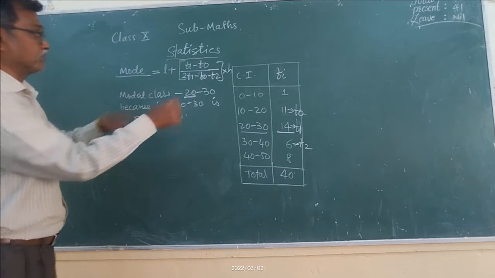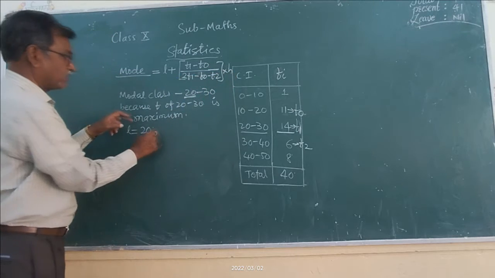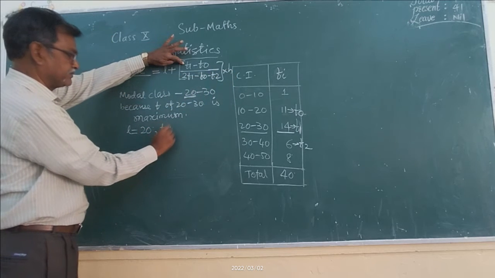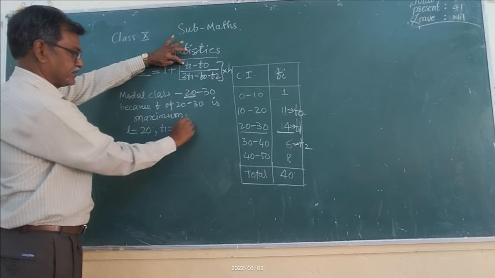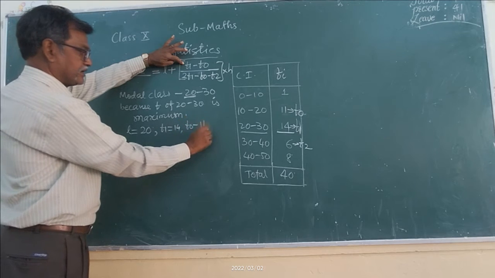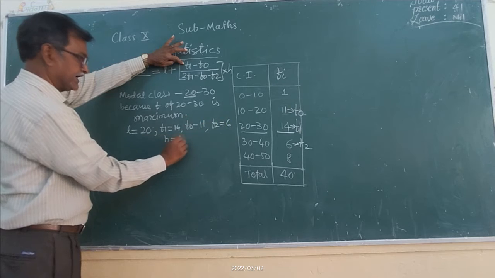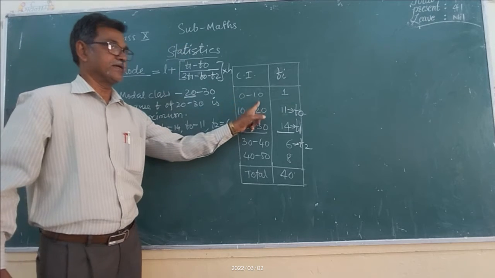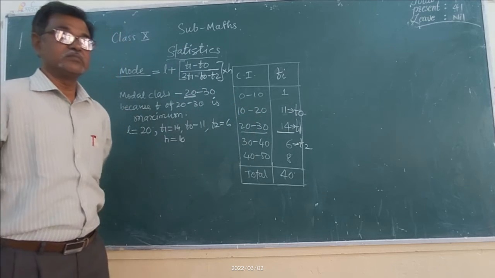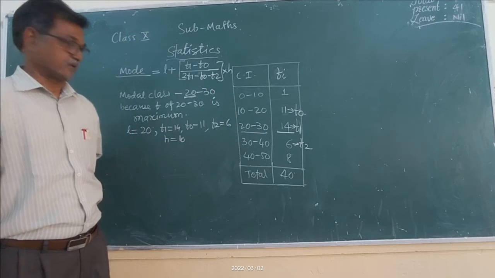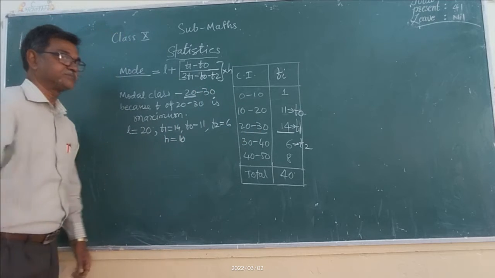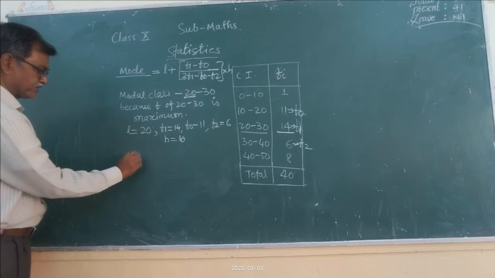So now substitute the values. And one more, H. We will write F1 is 14. F0 is 11. F2 is 6. And H is equal to 10. 0 to 10, 10 to 20. This is the width of the class interval. So this is 10. Now substitute the values in the formula.